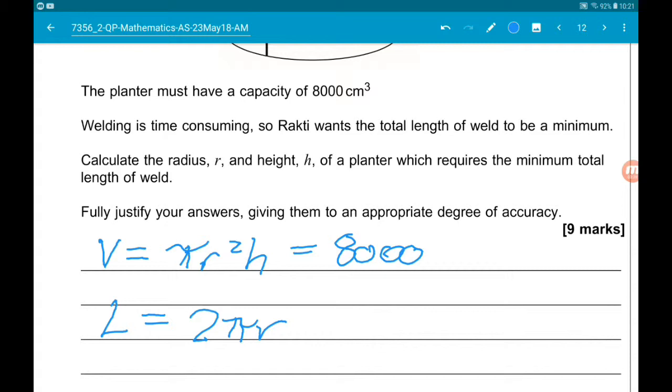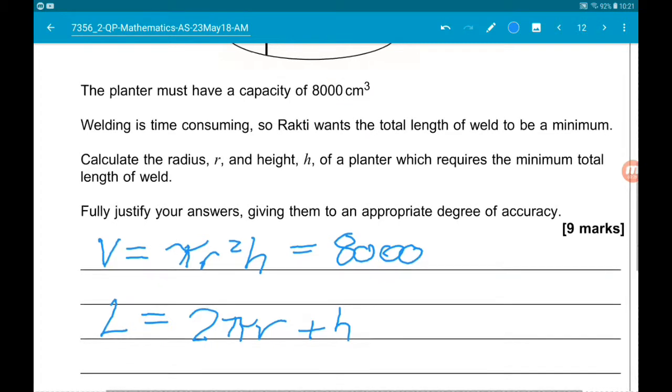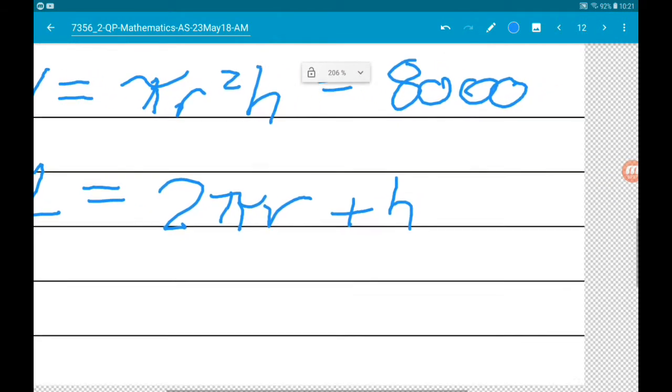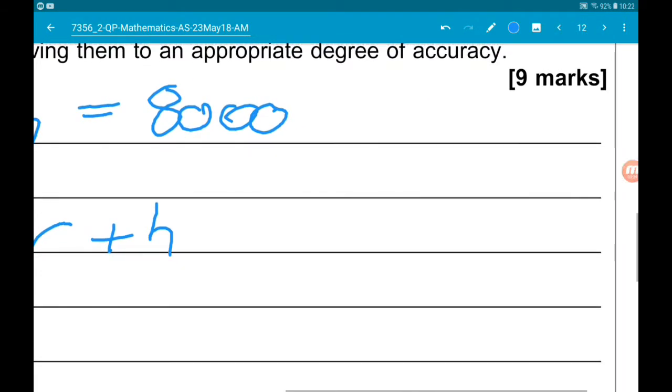So it's 2 pi r add h. Now it's this that we want to minimize.